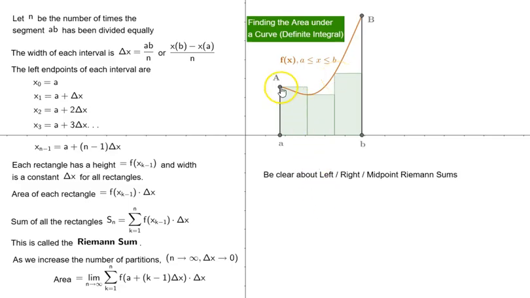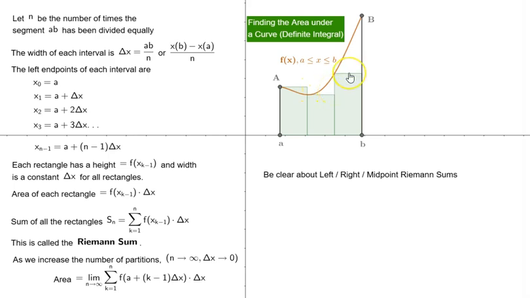Midpoint. Now instead of taking left or right, we take the midpoint. So this would be the midpoint. And we draw a line parallel to x-axis and draw the rectangle. Then we take the intersection, the midpoint here between these 2 points, and draw a line parallel to x-axis.